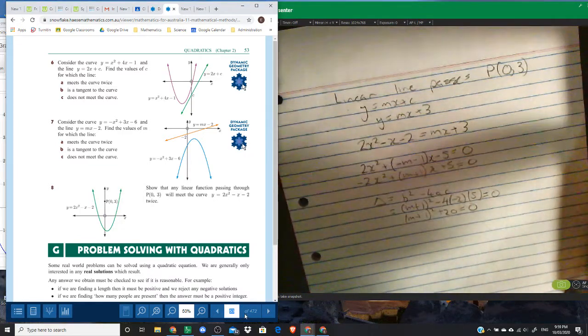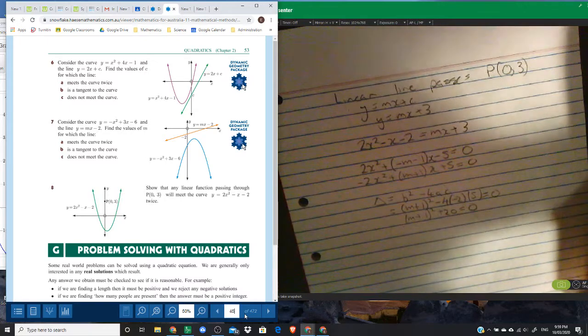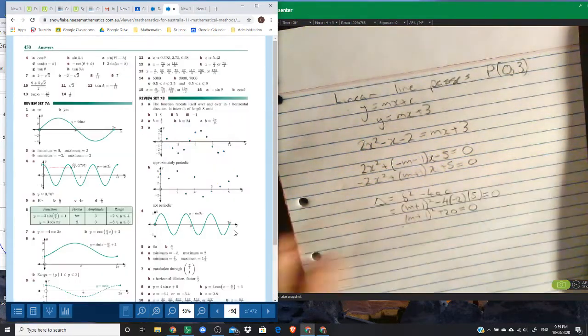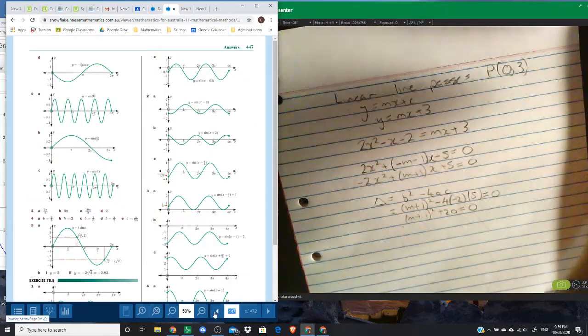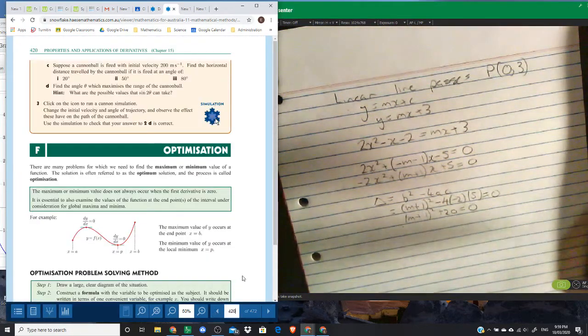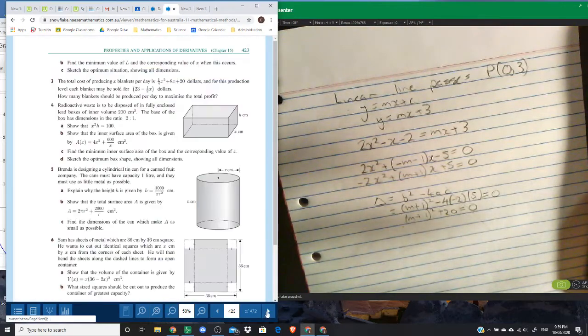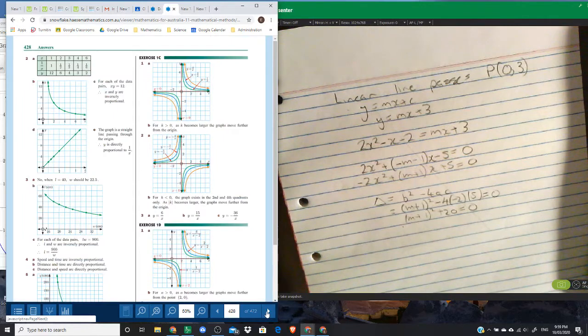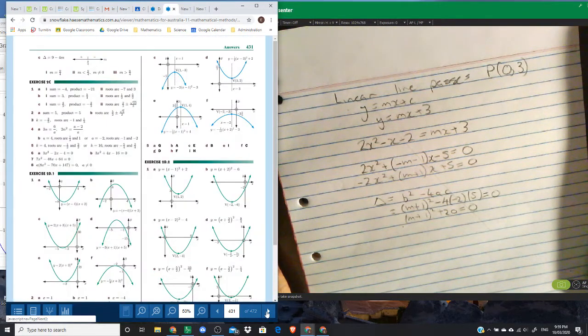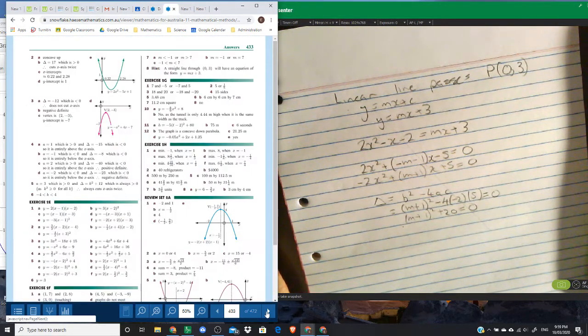Alright, let's have a quick look back. So, question 2F. Bit embarrassing. Here, a straight line through that. Yeah, that's exactly what I did.